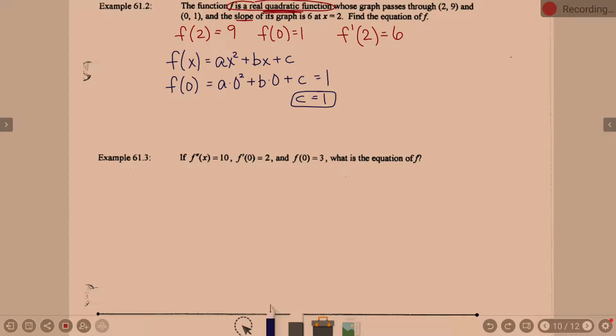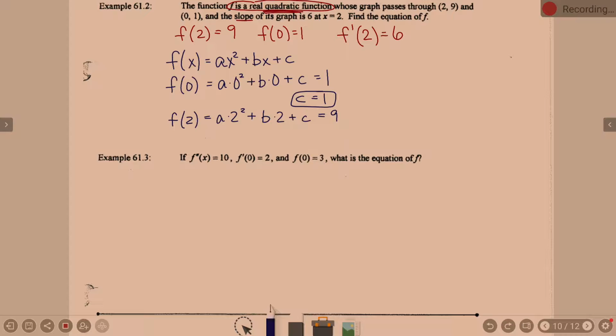What else would you like to attempt? Plug in 2. Can we plug in 2? If nothing else, it's going to give us an equation, right? And so if we plug in 2, f of 2 is going to be a times 2 squared plus b times 2 plus c, and that has to equal, what does f of 2 equal? 9.